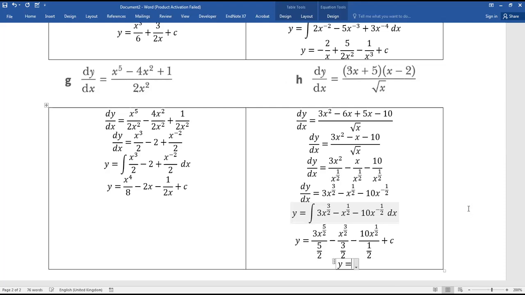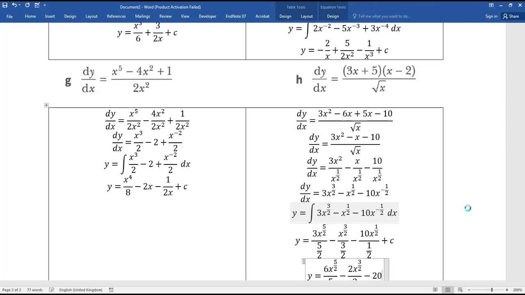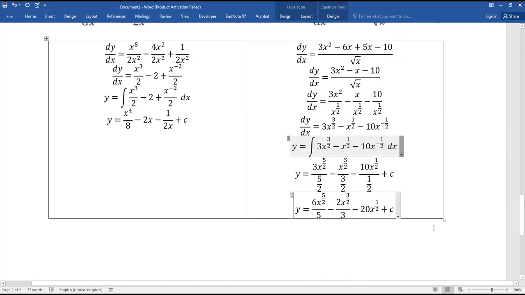So now I can write it as 6x to the power 5 over 2 over 5 minus 2x to the power 3 over 2 over 3, and then minus 20x to the power half plus c. Is this clear now? Yes, sir. This is how we integrate.